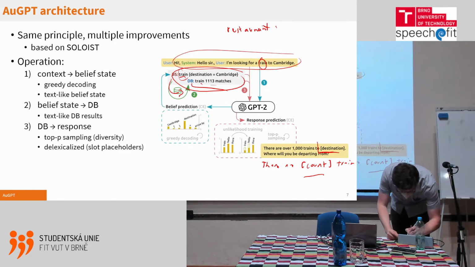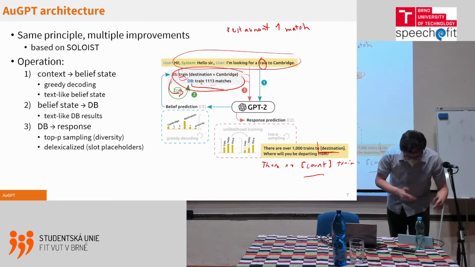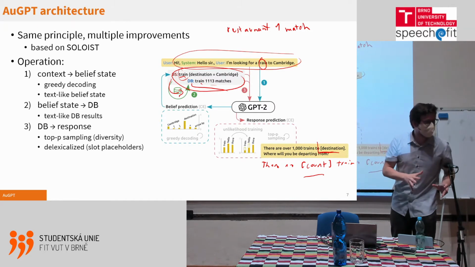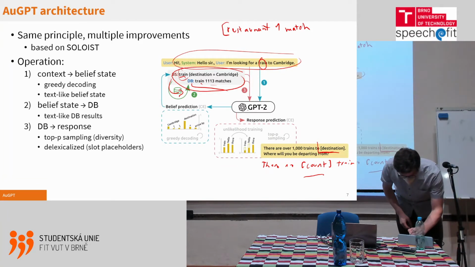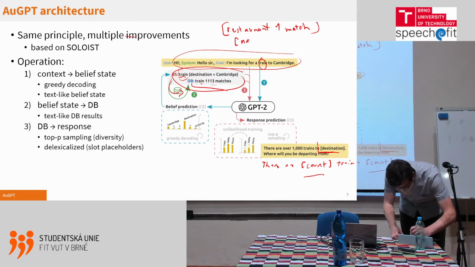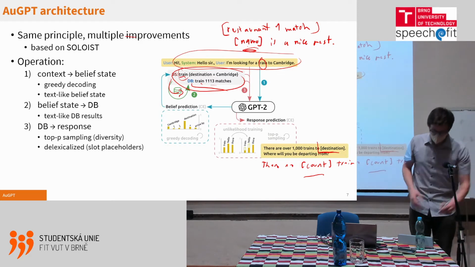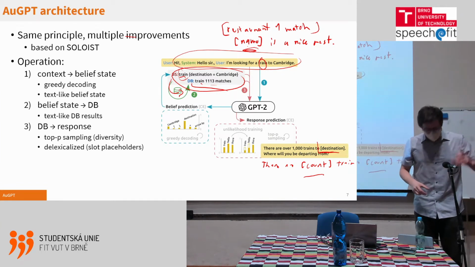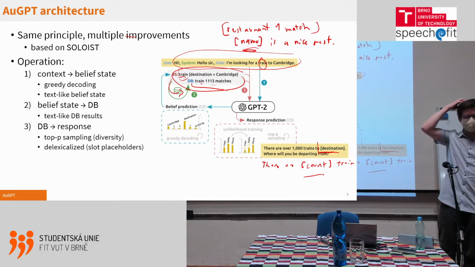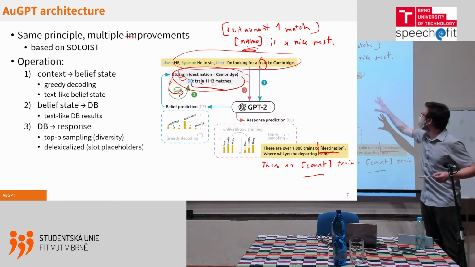We can have one match for restaurants, and the database knows which restaurant it is, and we know it. But the GPT-2 model will only see this bit, and will generate something like name is a nice restaurant. So it will generate a placeholder, and then some chunk of code can take the name of the restaurant from the database and fill it into this placeholder.